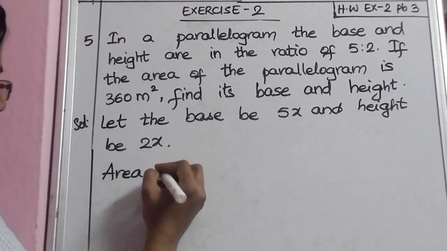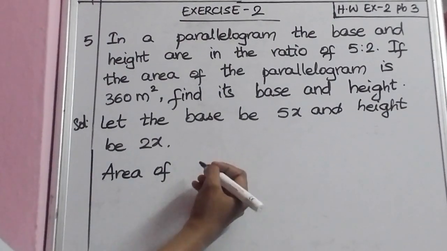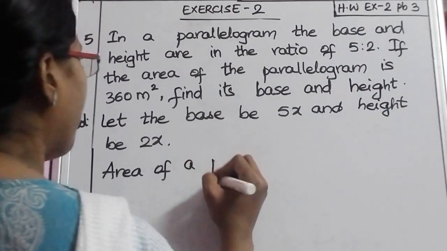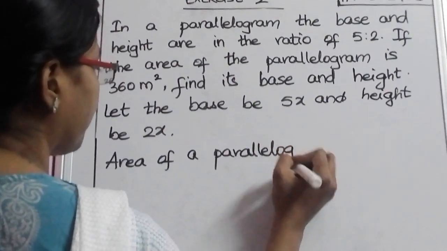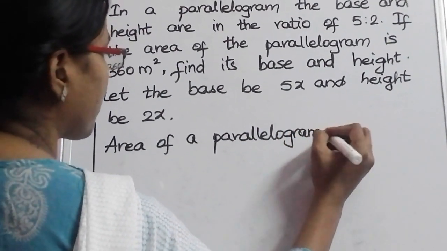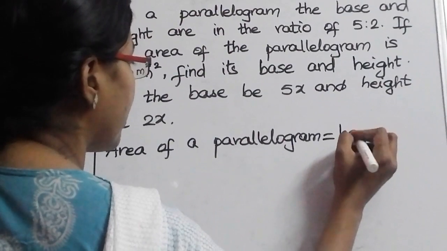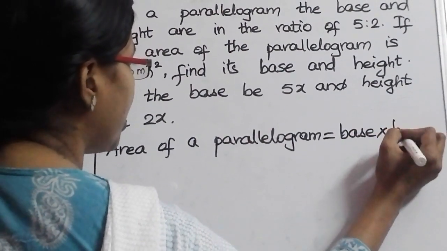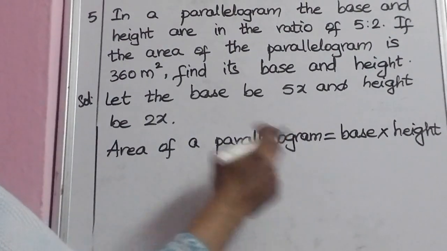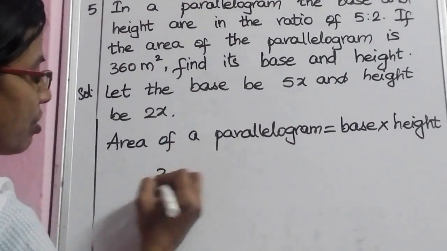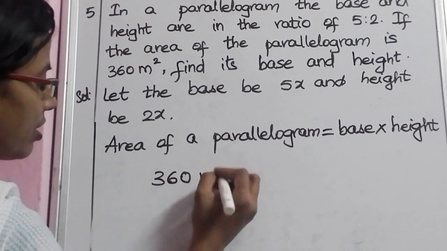The next part of the question, they have given the area of a parallelogram. So let's first write the formula for finding out the area of a parallelogram. Area of a parallelogram is equal to base into height. In the question it is given as 360 square meters.